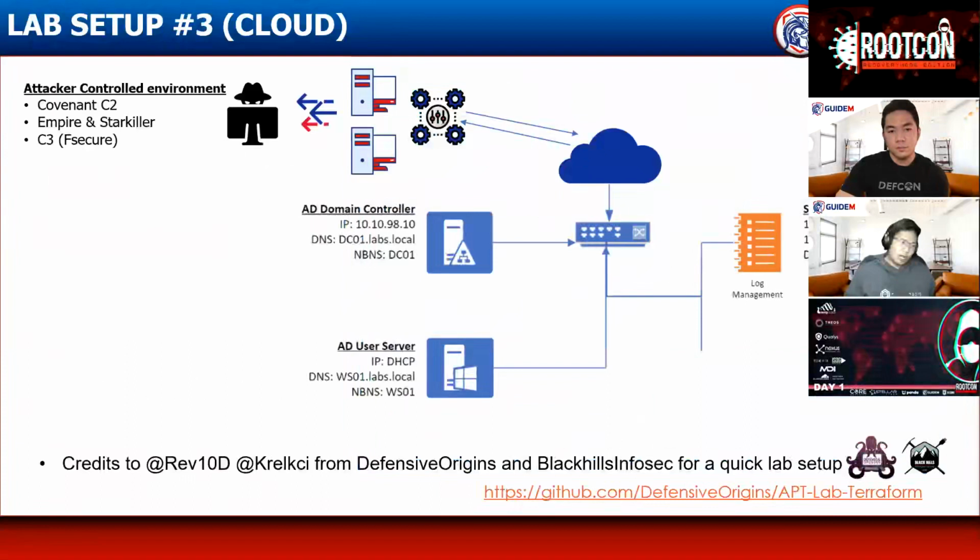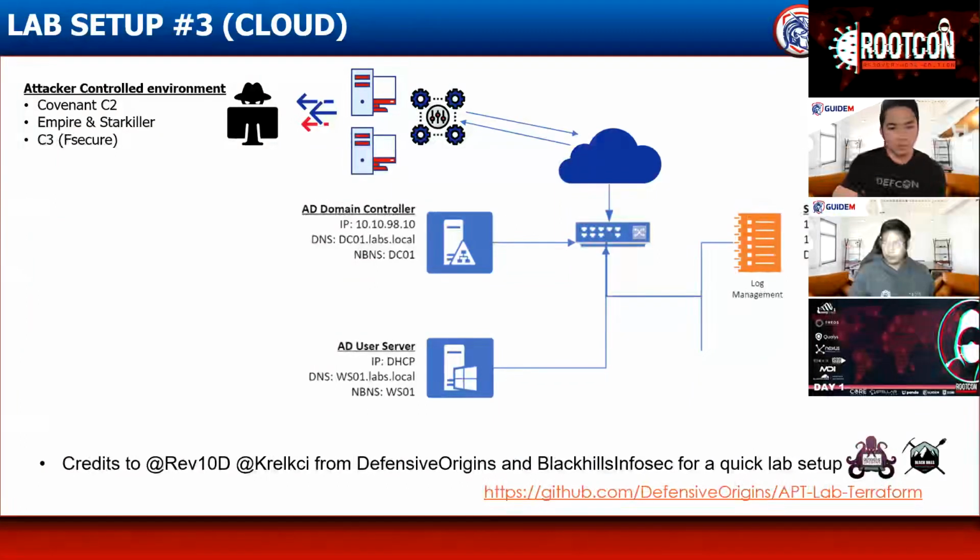For our last laboratory setup, we have this one deployed in Azure. This lab is originally from Active Defense and Black Hills InfoSec, so credits to Kent and Rev for setting this one up. You can set this one up in like 25 minutes.